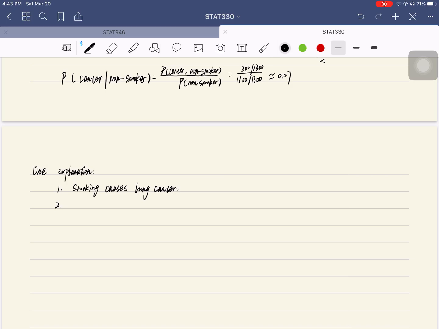We also know that smokers tend to live in country 2.